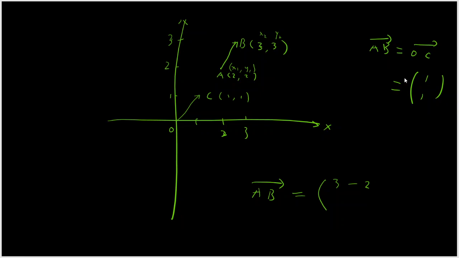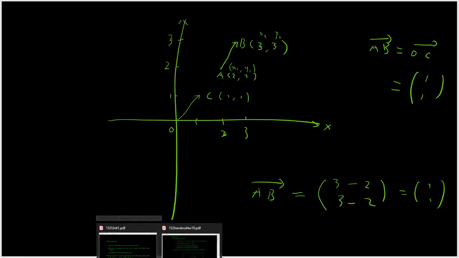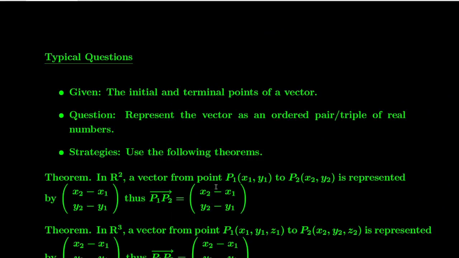And the second component is also 3 minus 2, right? This time you compute the difference between the two y coordinates. So that's how you get 1, 1. Now it's easy, right? Again, that formula is used to compute the components of a vector if you know the coordinates of the initial point and terminal point.